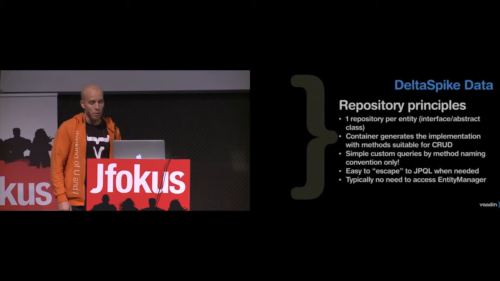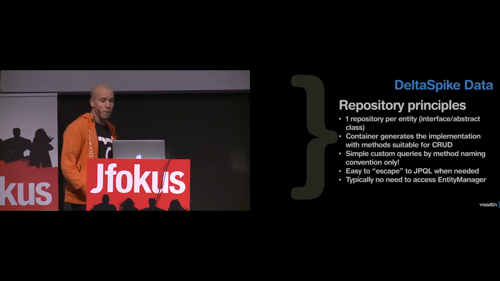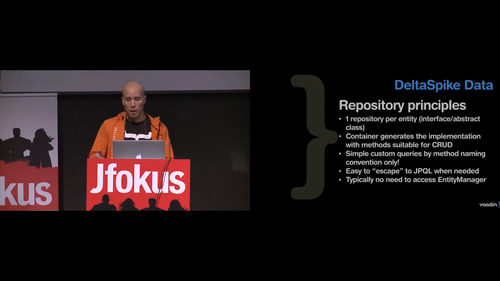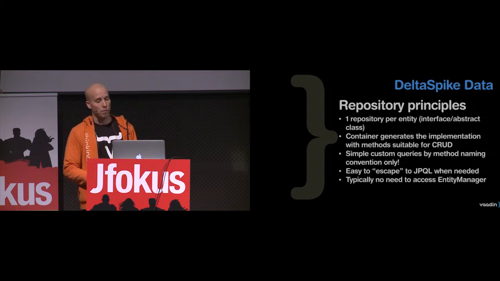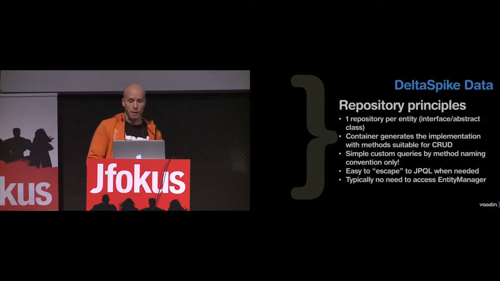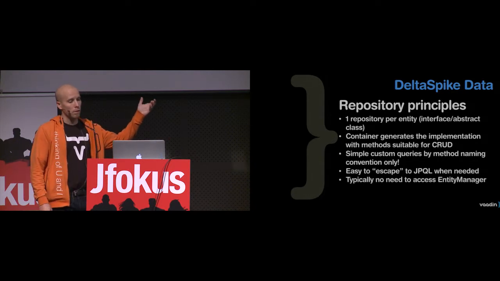Repository principles, or repository pattern. There you will be building one repository per each entity. And it can be an interface or it can be an abstract class. You can make some implementation there manually also if you want. And the idea is that the container generates most of the methods for you. And if there are simple additions, it can use this method naming convention.